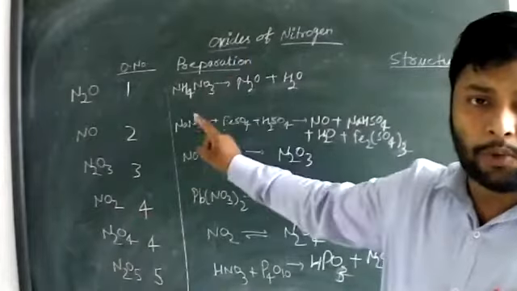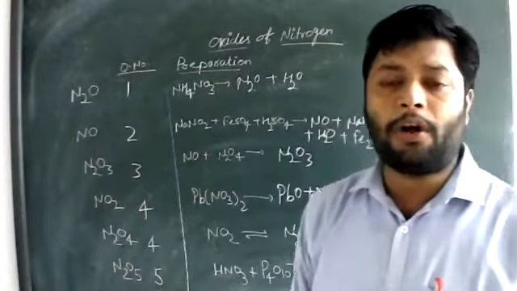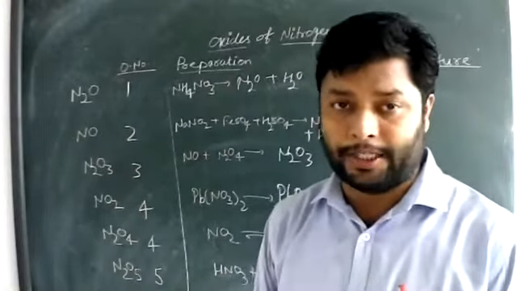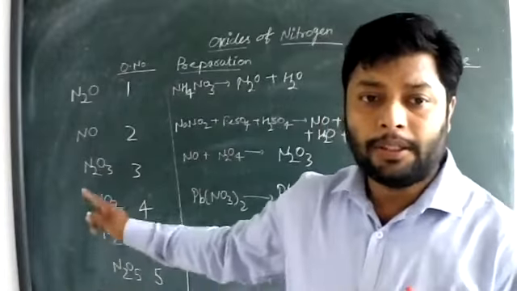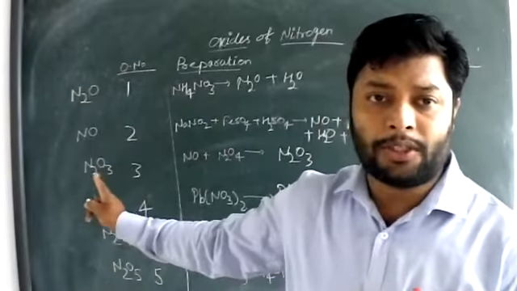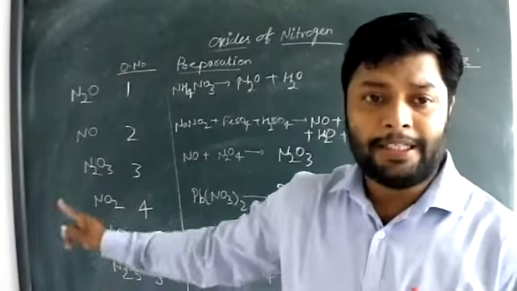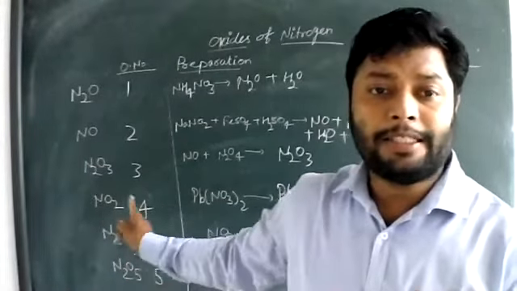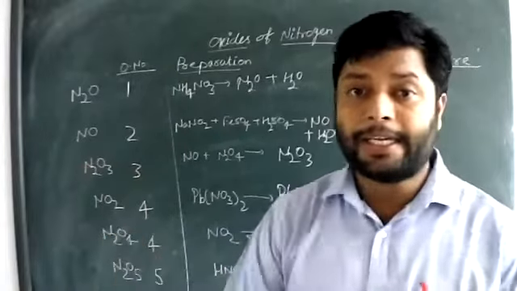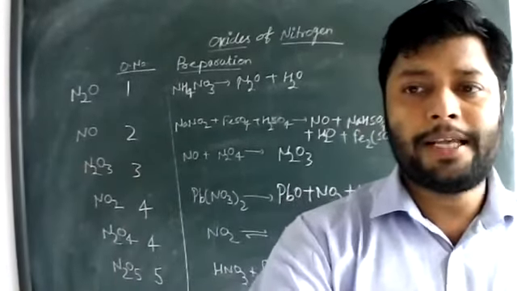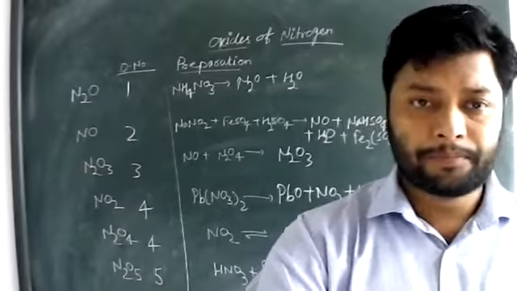Except for the first two, the last four oxides are acidic in nature. The last four oxides, from dinitrogen trioxide to dinitrogen pentoxide, these gases are acidic in nature.